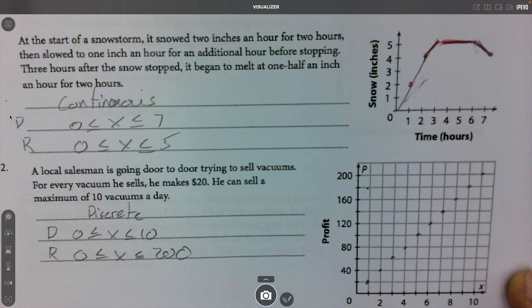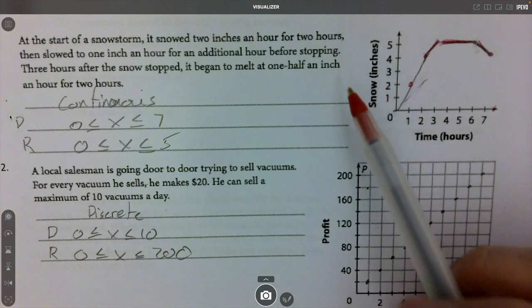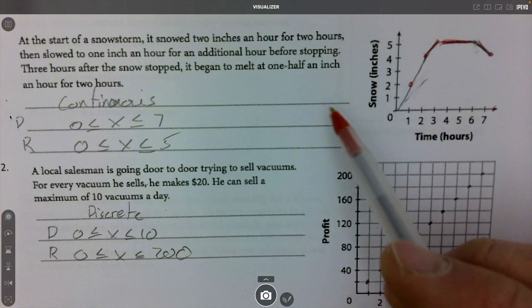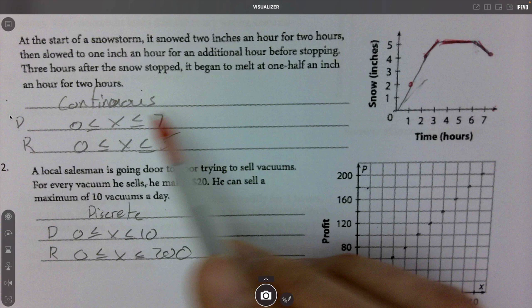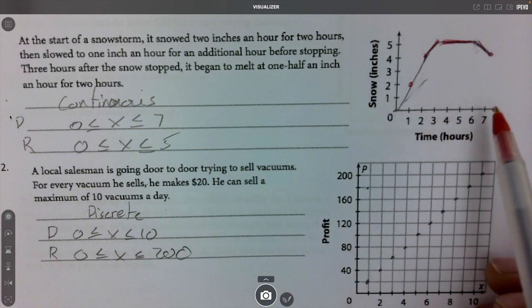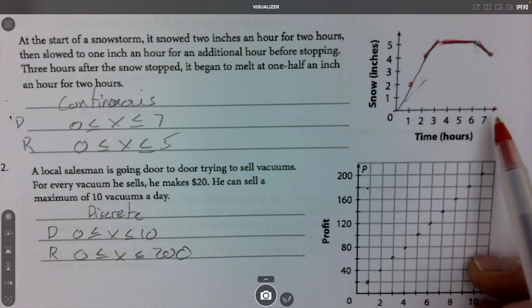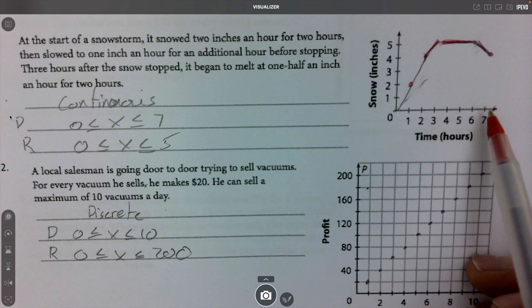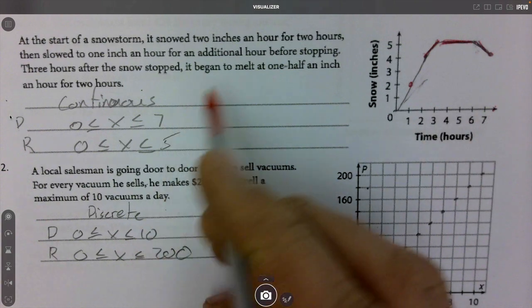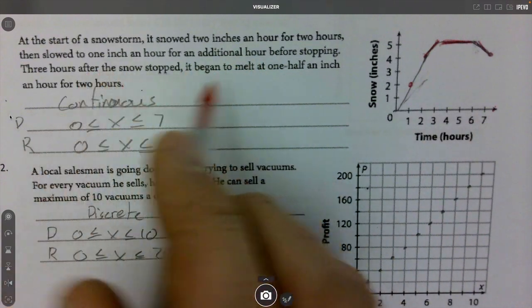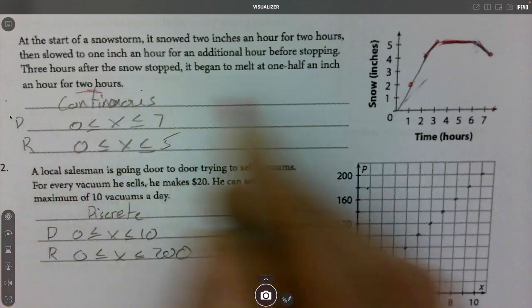What is the domain for this? Explain it to me. You can look at the answer on the board too. Tony? Is it 8? Yeah, because it says the 2 hours. It is 8. 3 hours, then it melts for 2 hours.